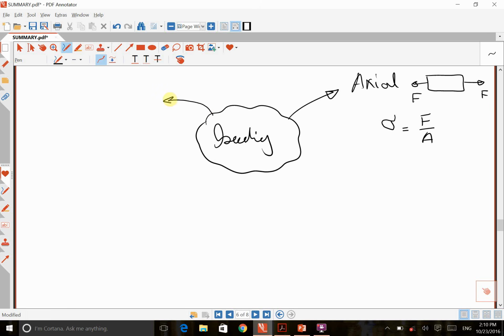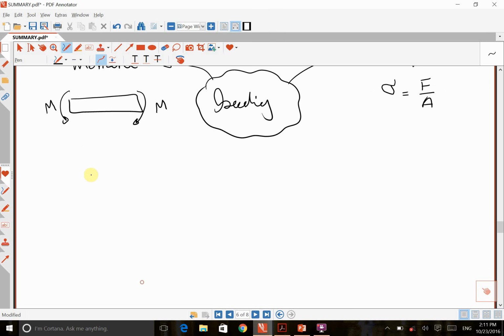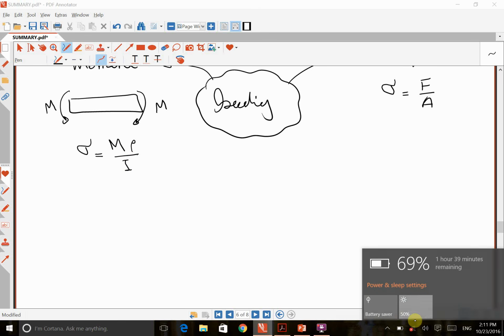Another type of loading that we can have is bending moment. For example, I have a specimen under this type of loading. I call this one M. A stress caused by this type of loading is again normal and can be written as M rho over I, where I is the second moment of inertia.